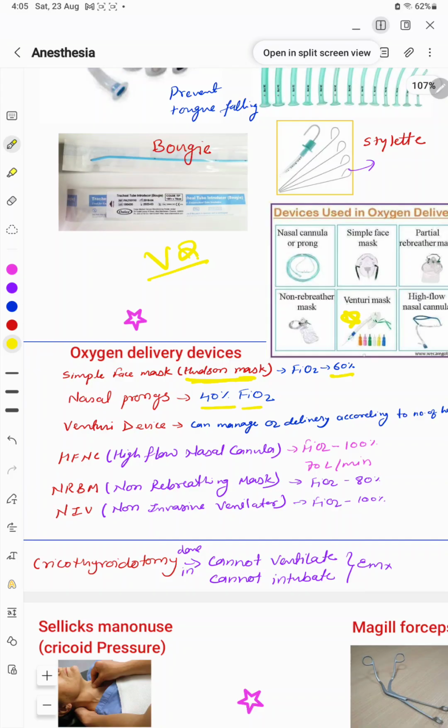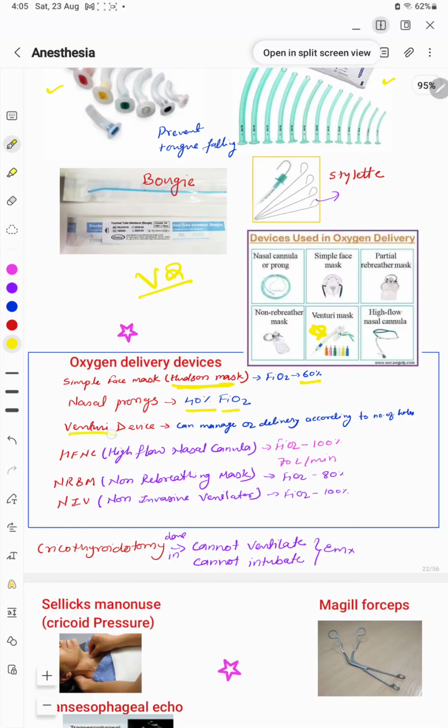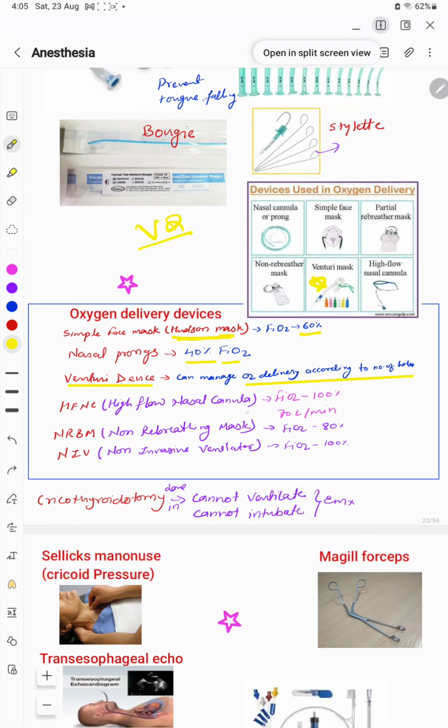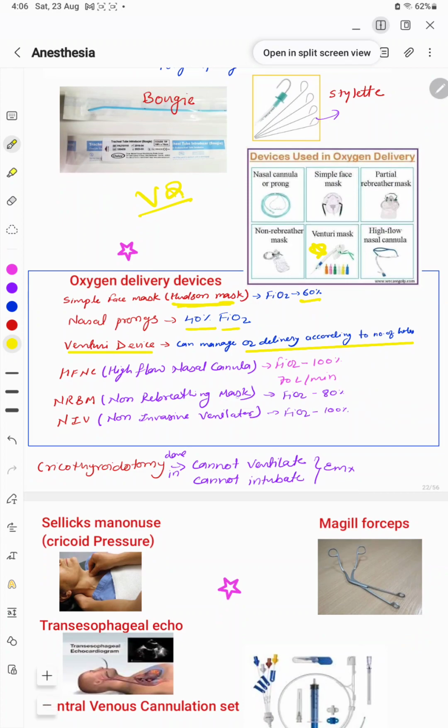Venturi device I already told you, and they also ask a question in the exam: the Venturi device can manage oxygen delivery according to the number of holes. High flow nasal cannula gives 100% oxygen at 70 liters per minute, and the non-rebreather mask gives 80% oxygen, and the non-invasive ventilator gives 100%. Non-invasive ventilator also gives 100% oxygen.